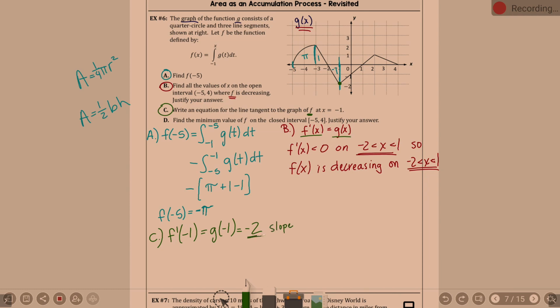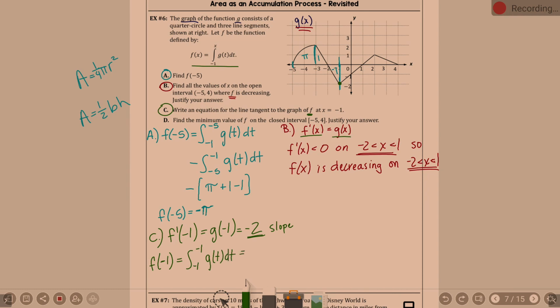Now, we also need a point. F prime of -1 gave me the slope. F of -1 is going to give me a point. How do we find f of -1? Go to your integral: the integral from -1 to -1 of g of t dt.